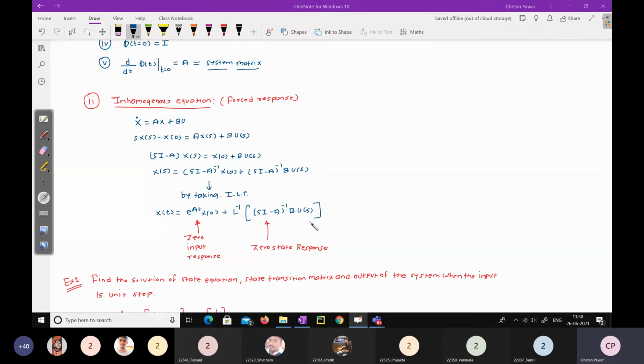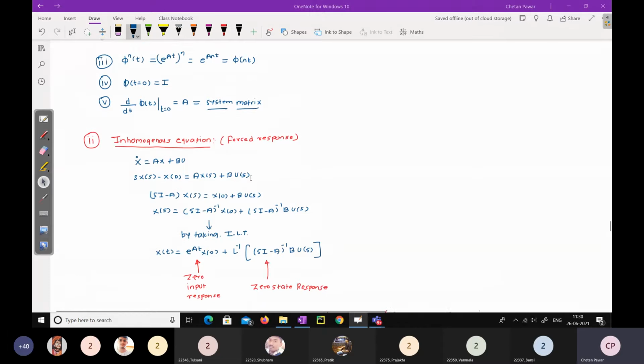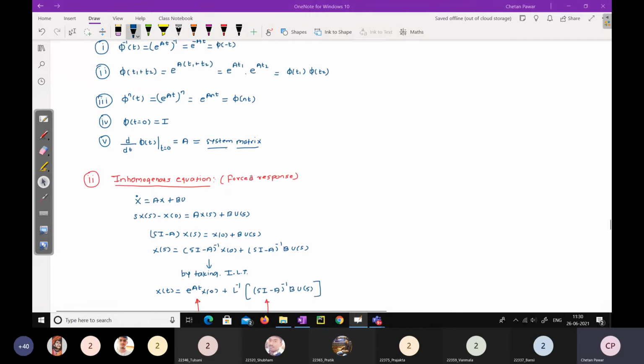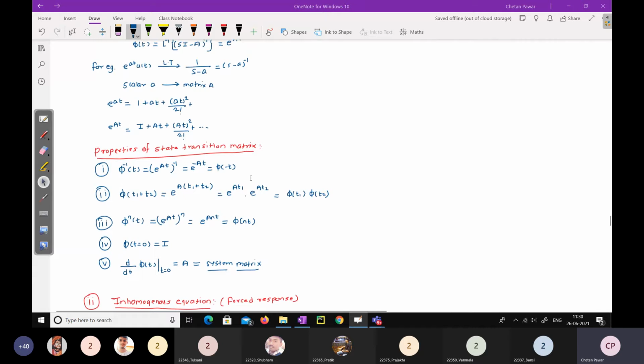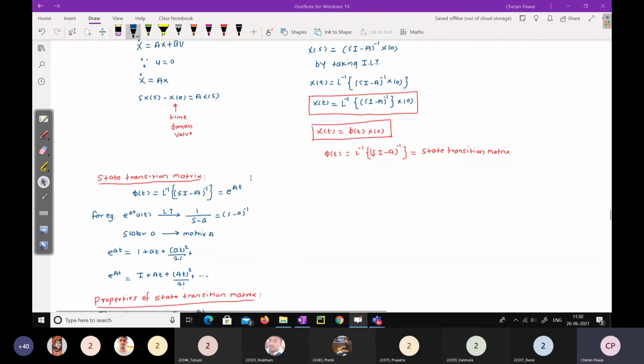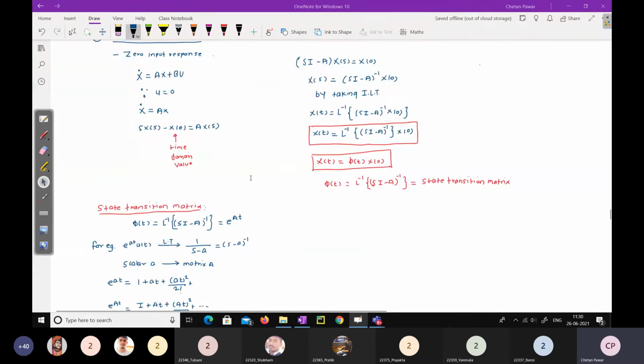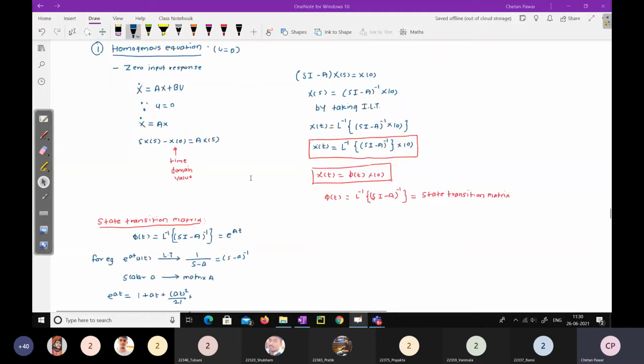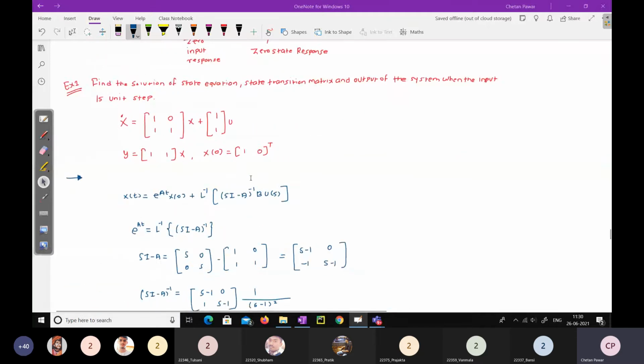So let us consider an example, so you will understand these concepts, how to find the solutions. Example number 1 is there.